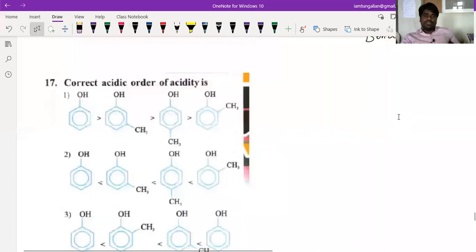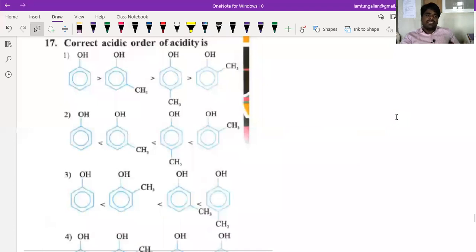If you look at question number 17. Acidic character, correct order of acidity. What are the given options?